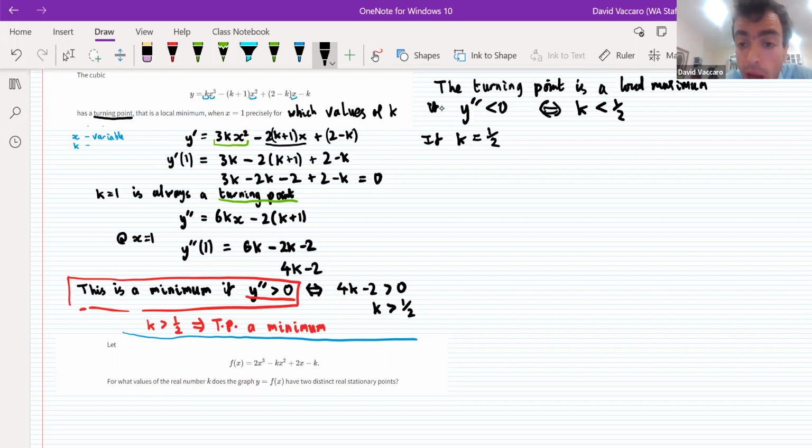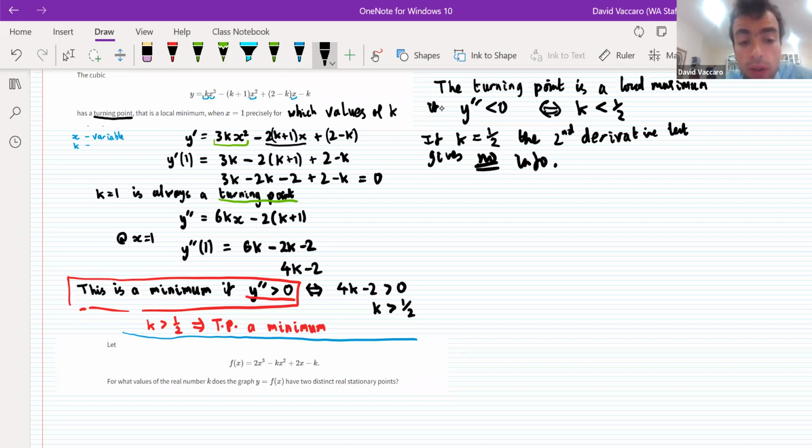So if k equals 1/2, the second derivative test gives no info. None at all.